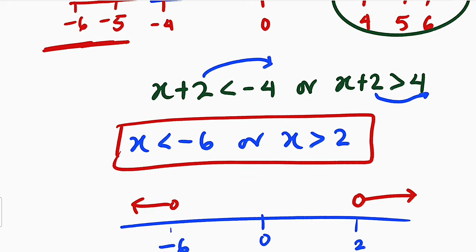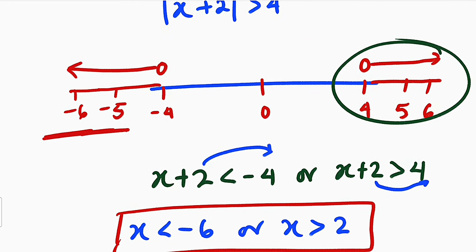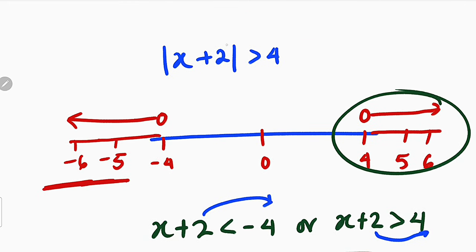So if you don't want to use a number line, let me show you how you can always interpret it. For example, let's use absolute value of x plus 2 greater than 4 as an example. We know that the value under the absolute value is either positive or negative.